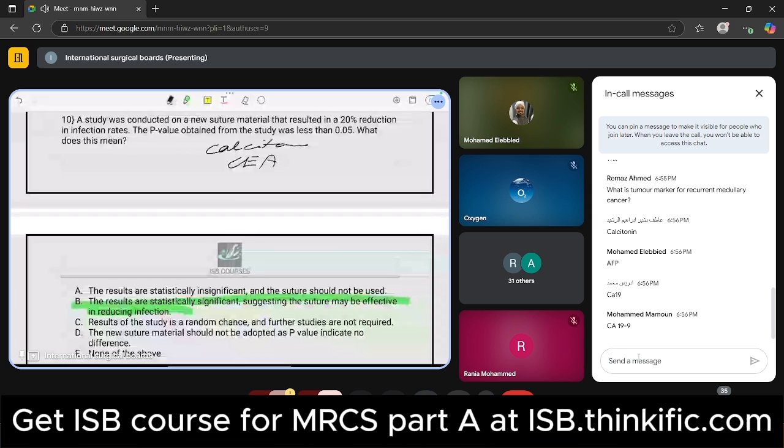Yes, CA19-9, which is also called Lewis antigen. CA stands for carbohydrate antigen, so it's carbohydrate antigen CA19-9. In cholangiocarcinoma it's going to be positive. In pancreatic cancer it's also positive. In gallbladder cancer, positive.